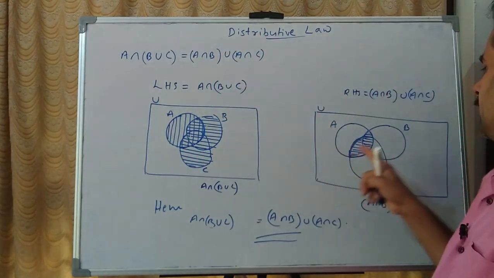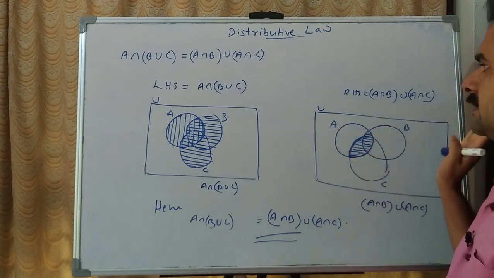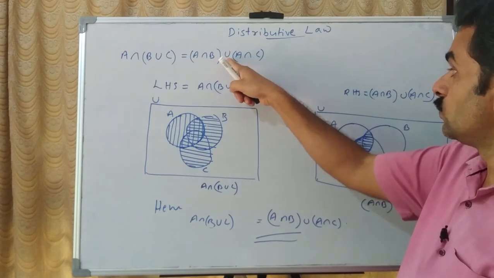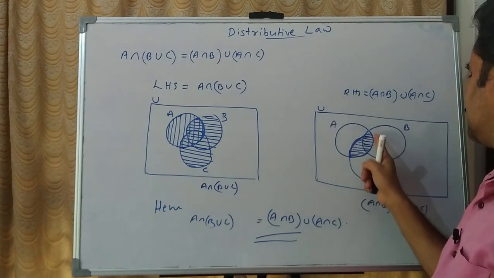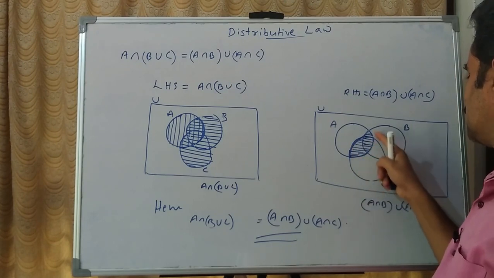Similarly, A intersection B means what? This is A intersection B. Okay, right. Union. Then A intersection C, this one.